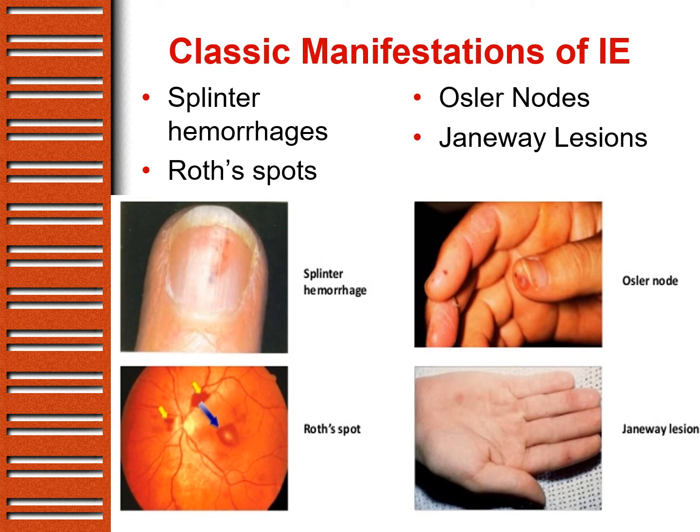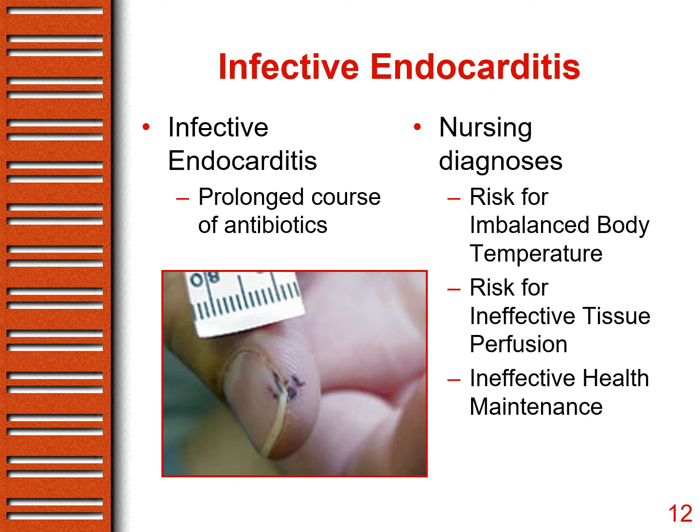And then finally over here on the left, this is looking into the retina of the eye. We see these very unusual spots called Roth spots. Now, Roth spots would be another finding that would suggest that the person has infective endocarditis. Okay. How do we treat infective endocarditis? With a prolonged course of antibiotics.